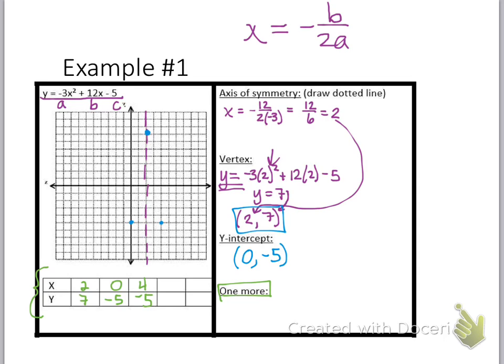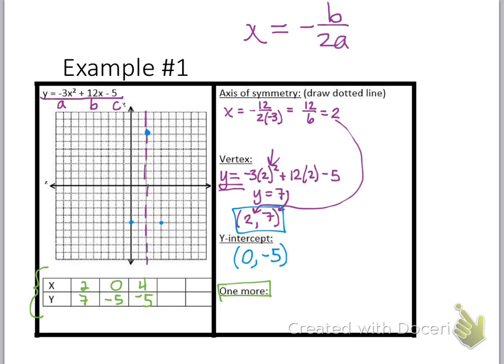Well, if I look at the graph, I want to know more about the curve, how wide it is, where it crosses the x-axis, etc. So when I'm looking at this graph here, I'm thinking, what values have I already used for x? I've used 0, I've used 2, and I've used 4, as you can see from our table. So I want to pick a value for x that I haven't chosen yet.